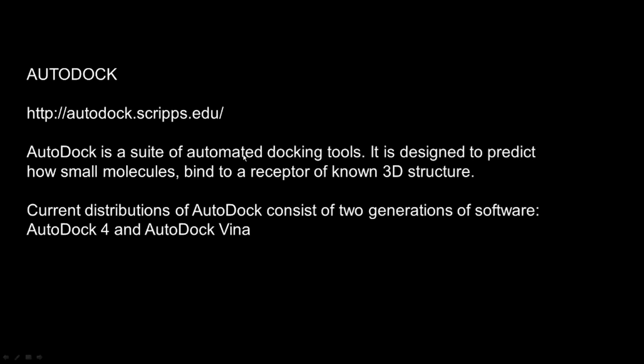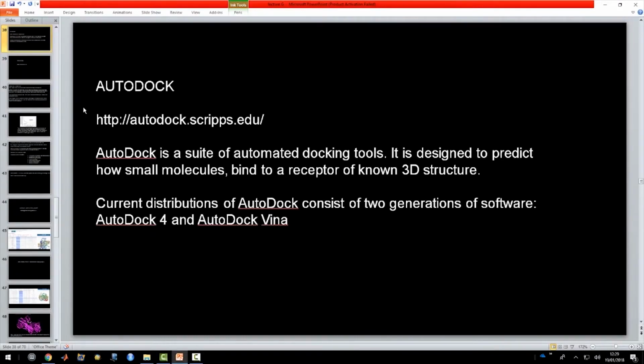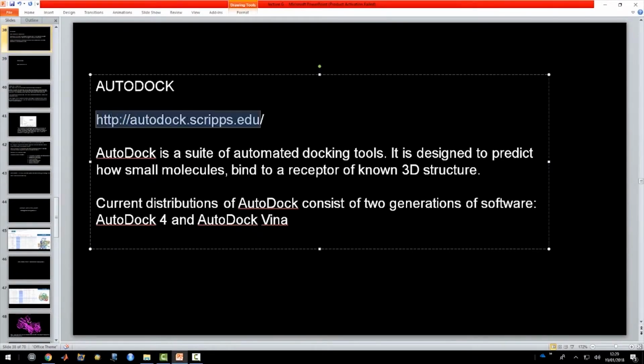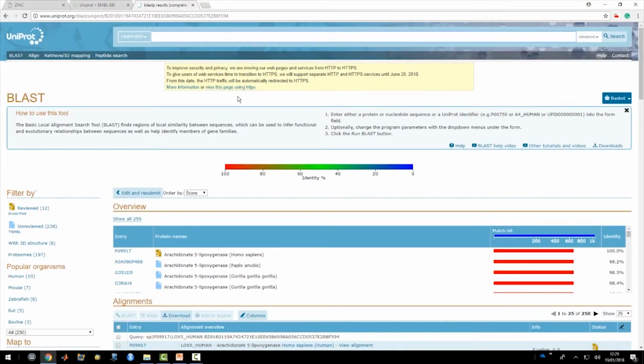This is another free software which can do the job of docking. Both are very good softwares which we can use. As I said, I will show you some examples of how to do docking using both AutoDock and SwissDock.